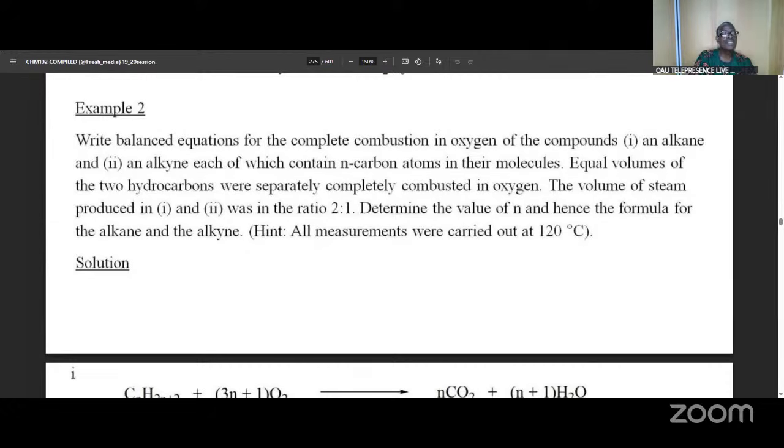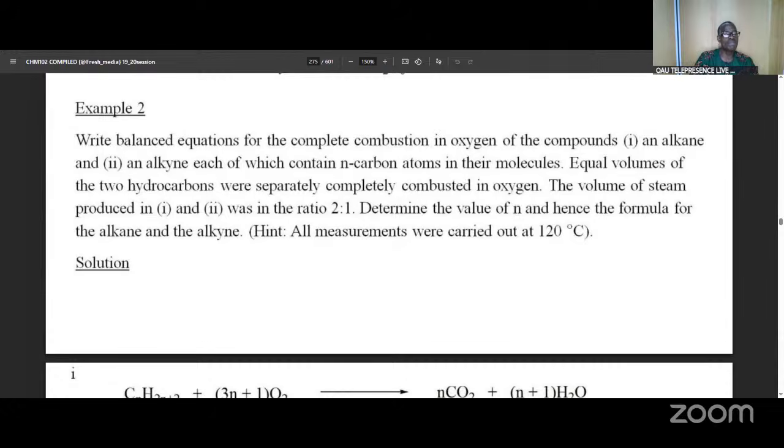1, an alkane. 2, an alkyne, each of which contains n number of carbon atoms in their molecules. Then equal volumes of the 2 hydrocarbons were separately completely combusted in oxygen.